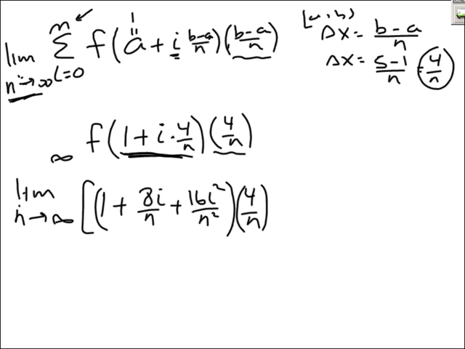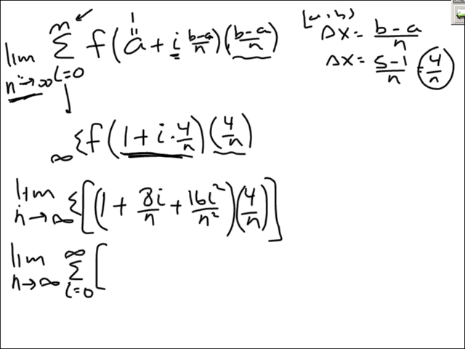Oh yeah, I failed to write the summation down. It's the summation of what's in the big brackets. The limit as n goes to infinity of the summation, i goes from 0 to n, of, now I multiply what's in the brackets by 4 over n.